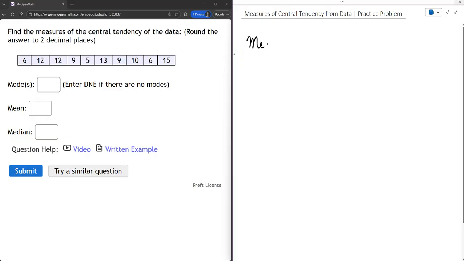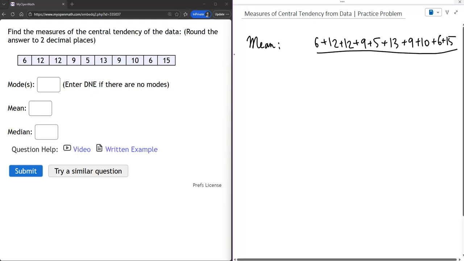To find the mean, we have to add all the values and divide the sum by the number of observations, which is 1, 2, 3, 4, 5, 6, 7, 8, 9, 10.